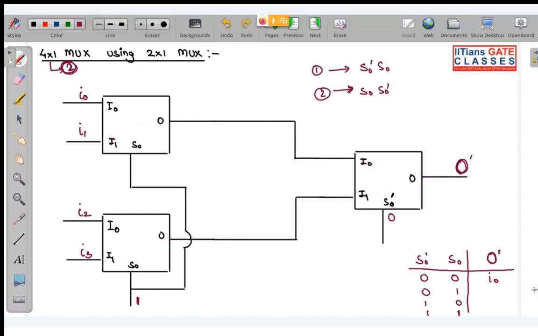Now when it is 1 0, this will be 1 and this will be 0. Zero means this line and this line get connected over here, and this is 1, so this line will be selected over here. That means I2 will be selected at the output. Similarly, if you put 1 1, this will be I3.